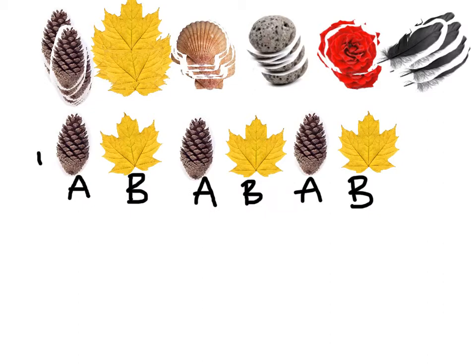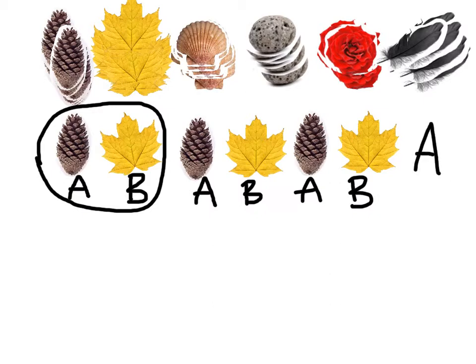That's right, the pine cone and the leaf. Therefore, this is an A-B pattern, because as you can see, it goes A for pine cone, B for leaf, and that keeps getting repeated.